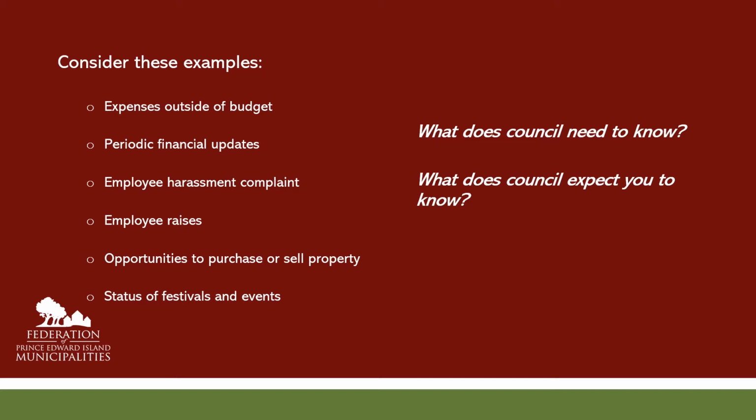And then there'd also be certain bylaws and policies in place for the municipality that would affect the decision to purchase or sell property and would need to be brought to the attention of council. Another example where there are some pieces of information that are within your authority and responsibility, and others that need to be provided to council, would be around festivals and events that are being planned for the municipality.